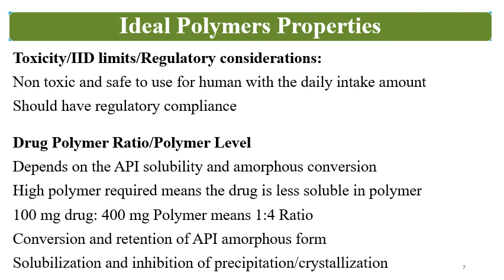For example, if you want to make an extrude of 100 mg drug, and you require 400 mg polymer, that means the ratio is 1:4. Conversion and retention of the API amorphous form is critical, and based on that the API polymer ratio is selected. Solubilization and inhibition of precipitation or crystallization is also considered whenever you select the polymer level.